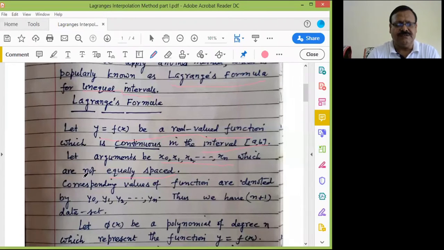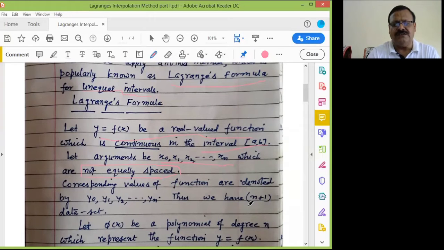Look here. Earlier the assumption was very strict in the case of Newton's forward interpolation formula and Newton's backward interpolation formula. This condition was very restrictive, that the arguments be equally spaced.